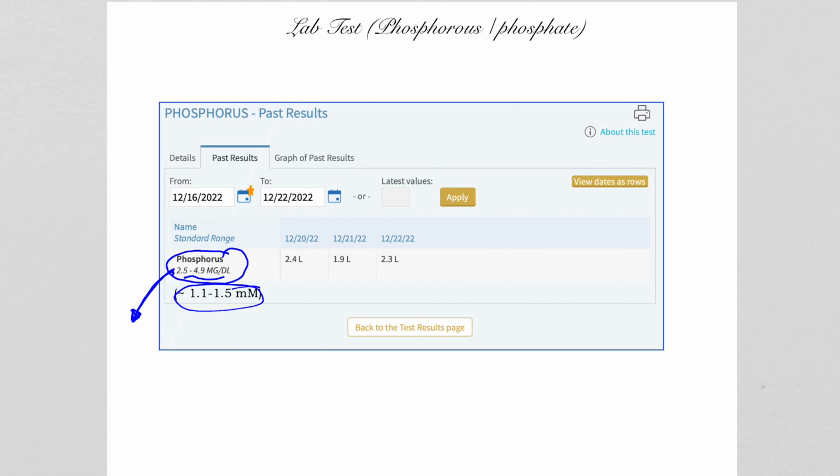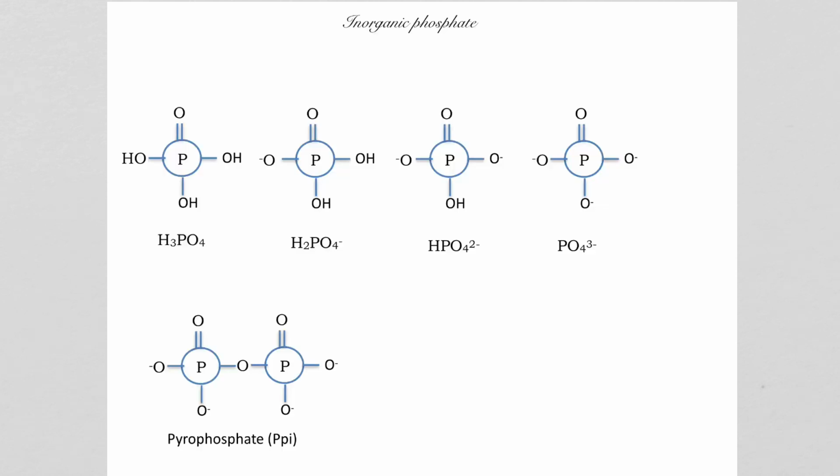This serum phosphorus or serum phosphate test is one of the many chemistry tests that is often ordered in a clinical setting. When phosphate is not attached to any organic molecule, a carbon-based molecule, we call those phosphates inorganic phosphates, or sometimes represent them as Pi, P for the phosphate, I for the inorganic.